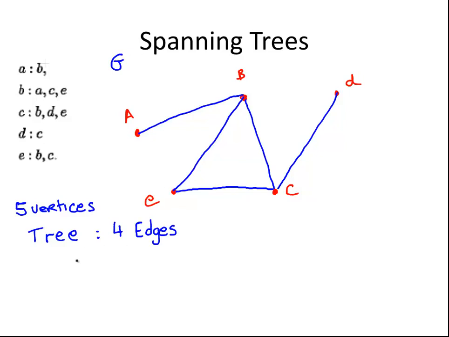Okay. Now, this G has 5 edges. So we can remove one of the edges to form a tree.